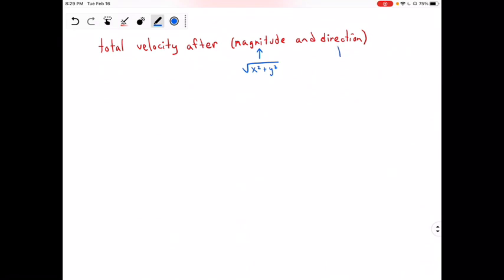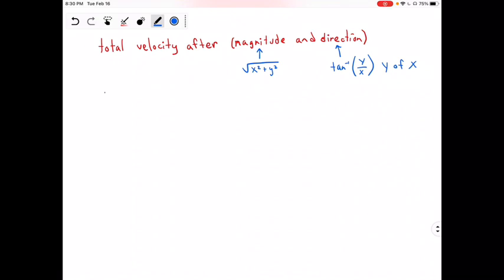And the equation for finding the direction, which is an angle, in the case of two-dimensional vectors, is tan -1 of y over x, y direction over x direction, or numerator direction over denominator direction if you mix up the x's and y's.